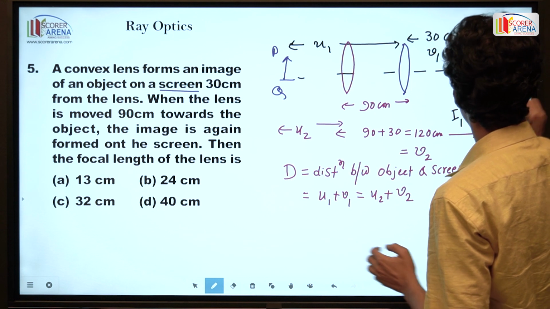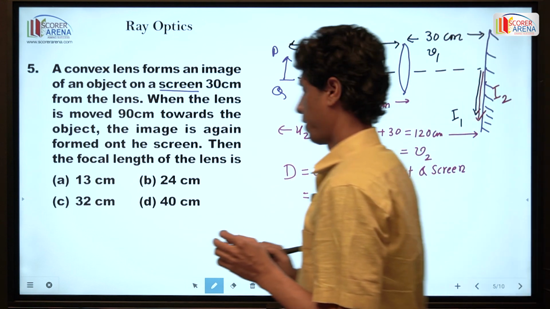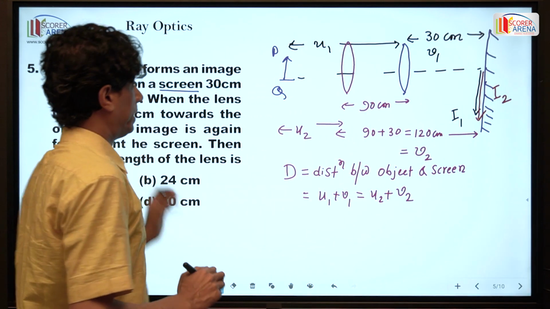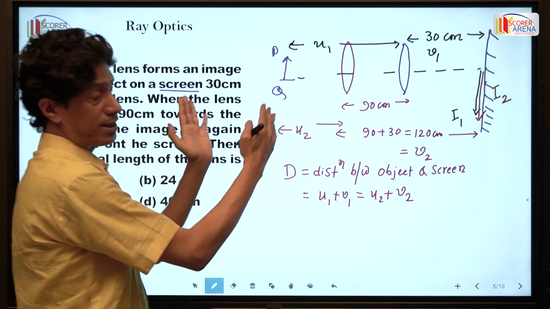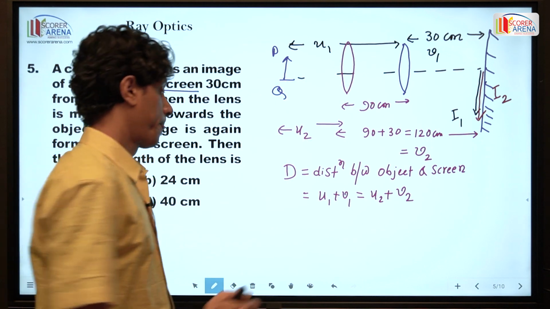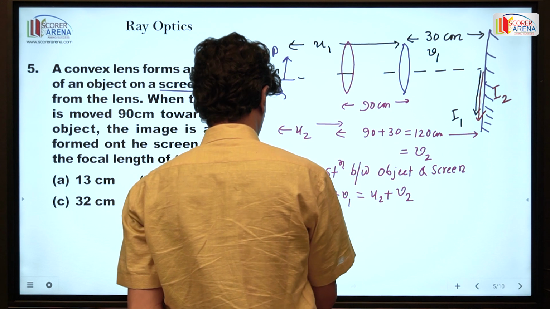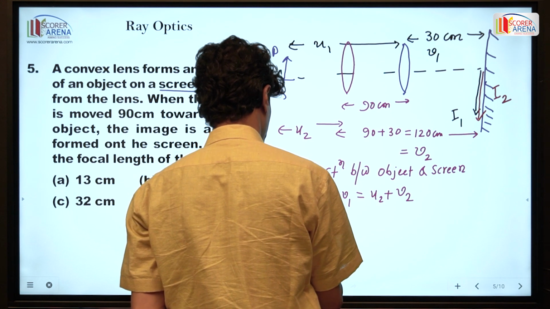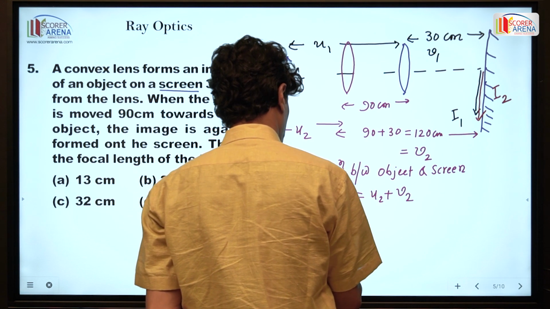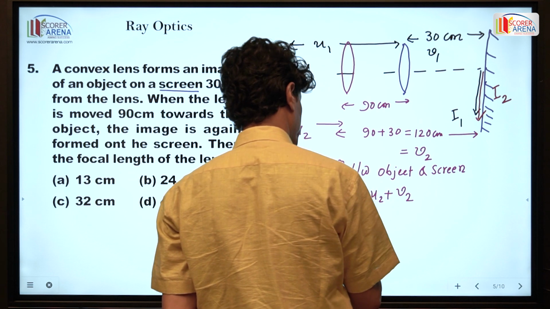Let us say this is I2. These object distances and image distances are a conjugate pair.